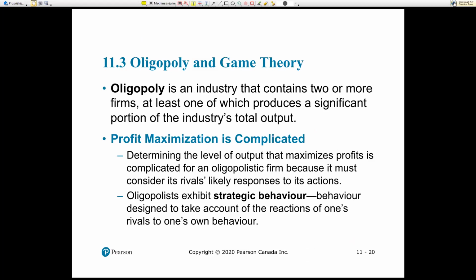Well, because now if you're some firm on the market and you decide to have a certain production volume, then you're not only thinking, oh, how much are prices going to change if I increase my production, or rather how much my sales are going to change if I change my price. But you also have to think, oh, what are my competitors going to do in reaction to what I'm doing? Are they going to increase their production, decrease their production?